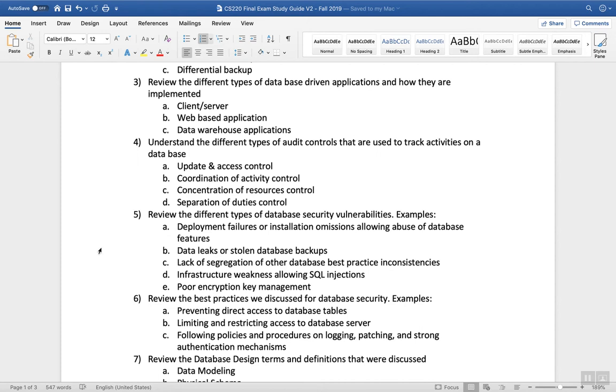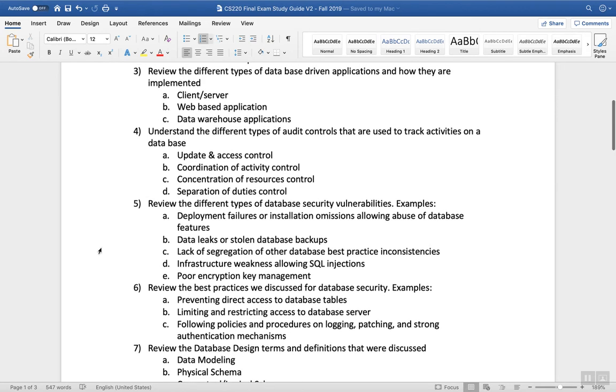There's a couple of different types of database vulnerabilities we talked about at the end. Of course, we talked about deployment failures. These are all well-known things, all well-defined scenarios that have been out there, so these are best practices. Things you look at are problems with the way you installed it. You do a bad job of installing it.